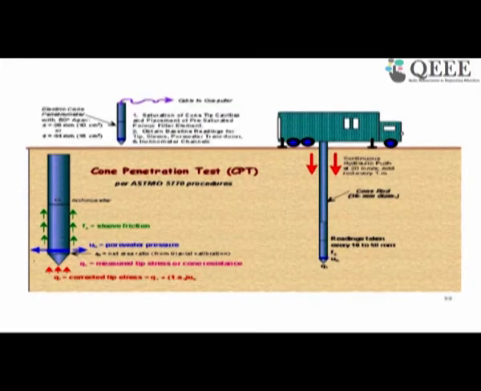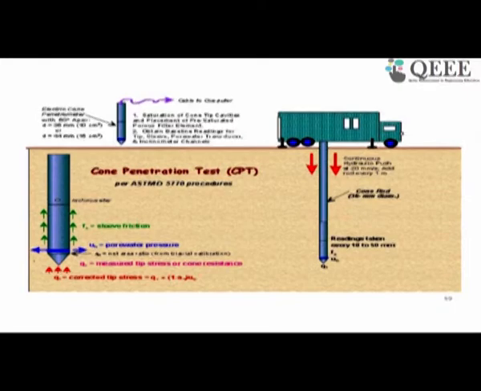As you can see here, these cones are usually mounted on some kind of vehicles, and once this particular cone is driven into the soil, the tip resistance is recorded just at the tip.